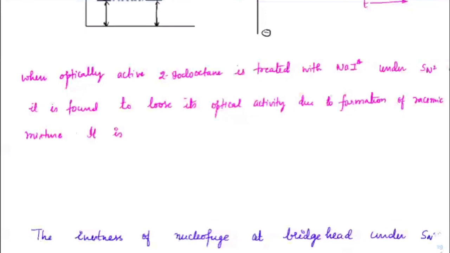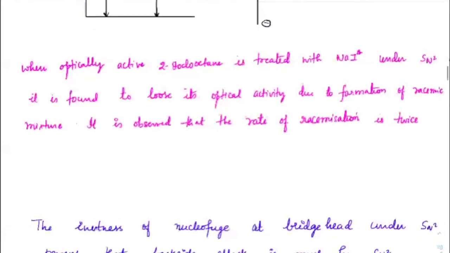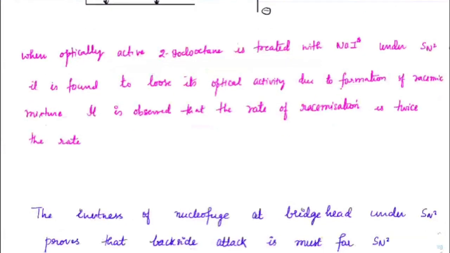It is observed that the rate of racemization is twice the rate of inversion. Okay, so I hope you understood why.